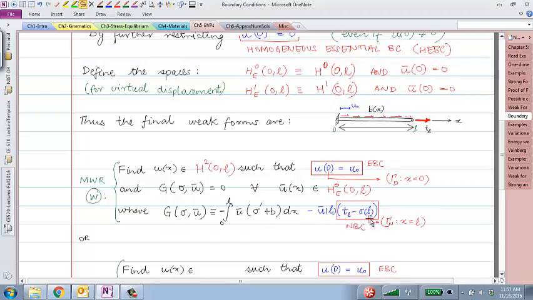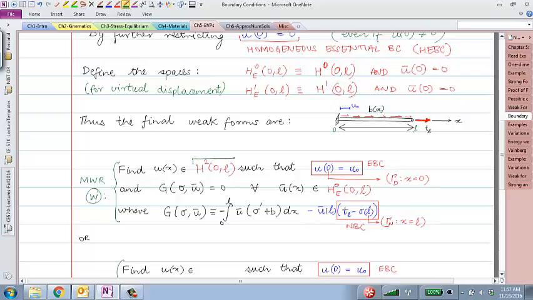And note that in this functional, that u bar 0 term is not there, because that is something that we can calculate after we know the solution for displacement. Couple of important things here.